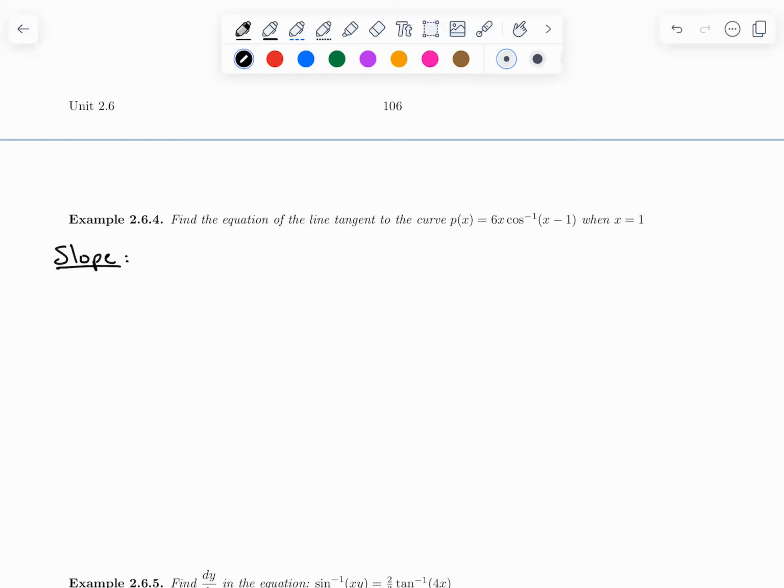So to get the slope, we need to take the derivative. So p prime of x would be, we need to do a product rule, f and g. F prime is 6 cosine inverse of x minus 1, plus g prime, which is negative 1 over the square root of 1 minus x minus 1 squared, times 1.